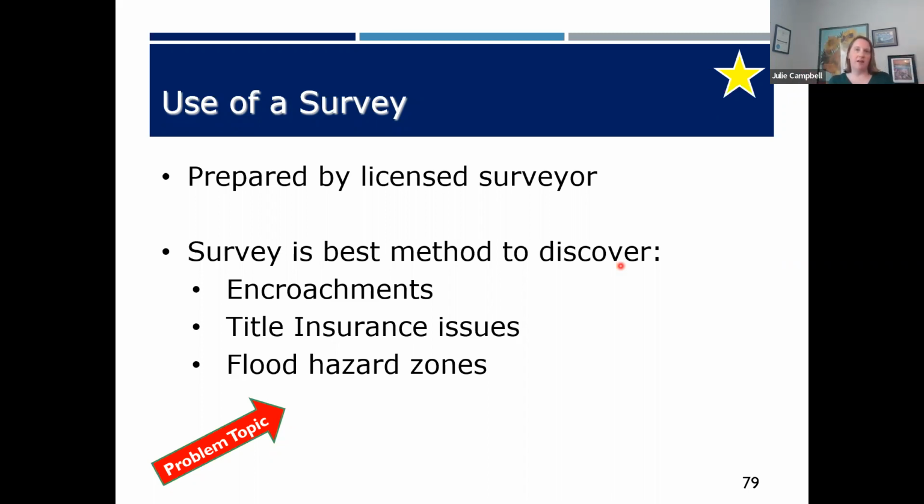So they know what they're buying. Remember, we talked about encroachments. How do you know the property you're getting ready to buy isn't encroached by your neighbor's fence, your soon-to-be neighbor's fence, unless you get a survey? A survey can help the buyer clear up some title issues prior to settlement, so they don't have to deal with it after they close.